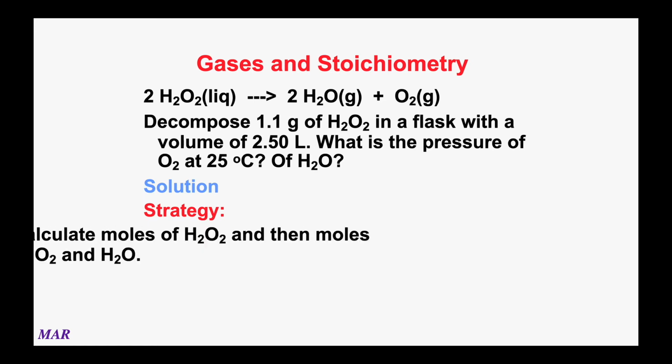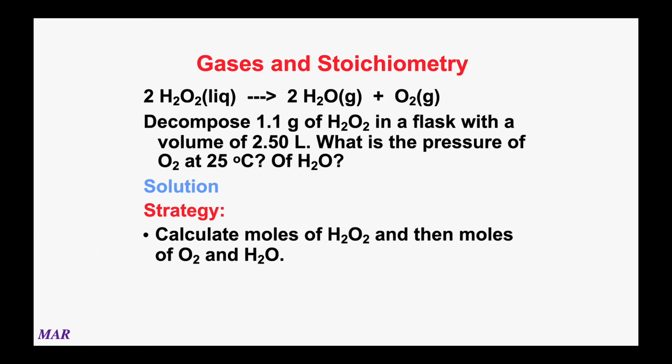Anyway, what we want to do in this problem, we've got to figure out the moles of H2O2 first, then we'll use a 2-to-2 ratio to get to moles of water, or a 2-to-1 ratio to get moles of oxygen. And from there, we can solve for P, pressure, in the ideal gas law. P equals nRT over V. If we use all the right units, we're going to be good to go.